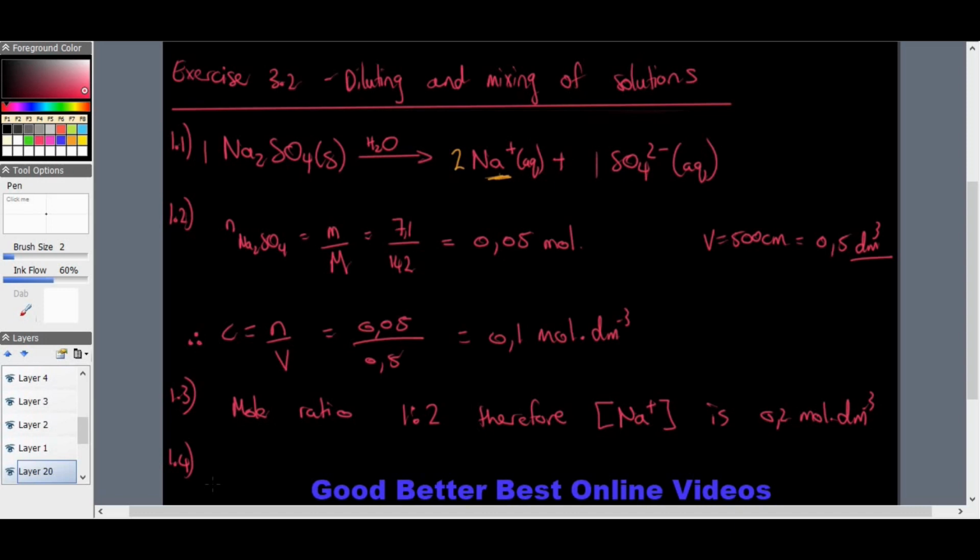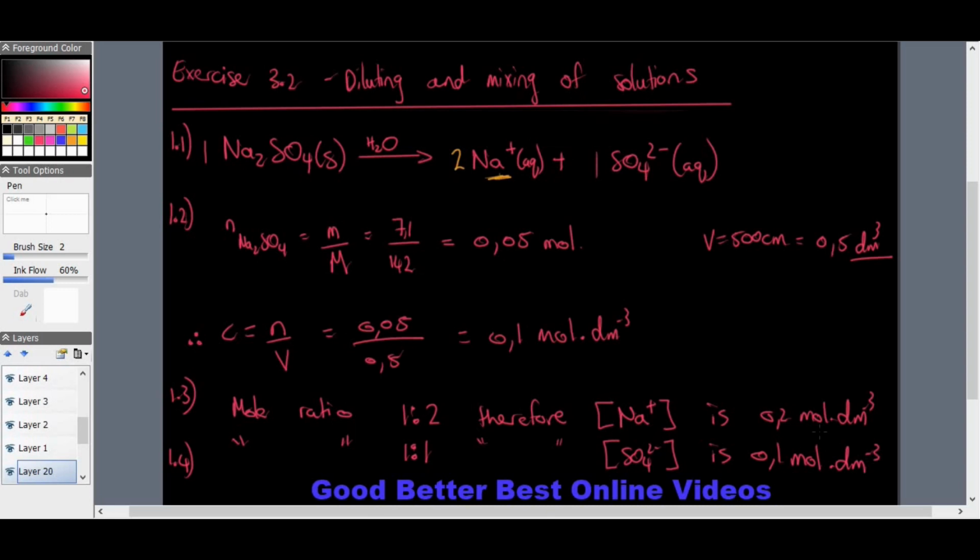And then for 1.4, what is the concentration of SO4 2 minus in the solution? The same thing, mole ratio, but the mole ratio is 1:1. Therefore, the concentration of SO4 2 minus ions is 0,1 mole per decimeter cubed.